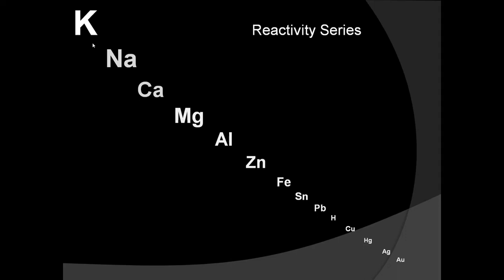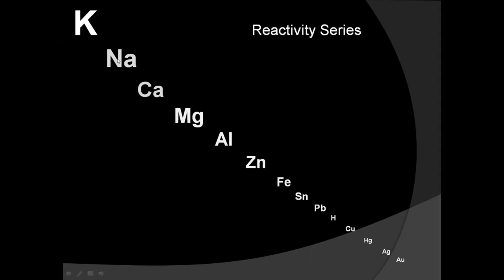These elements are arranged in decreasing order of their activity, and such a series is termed the reactivity series. Through this series we can easily identify which element is more reactive and which is less reactive when two elements are compared. Let us test now.